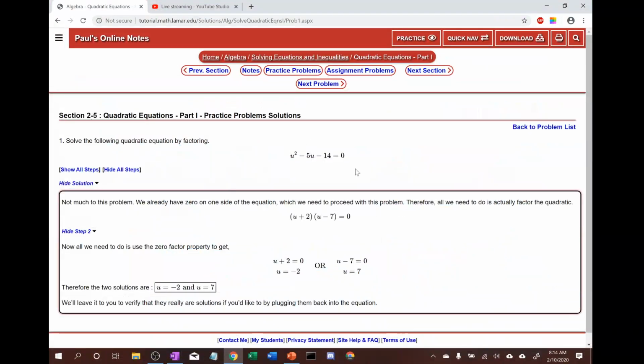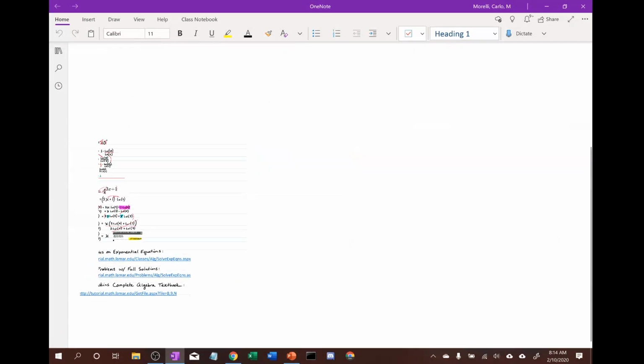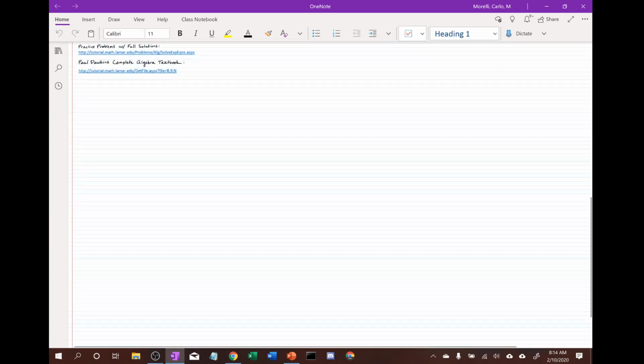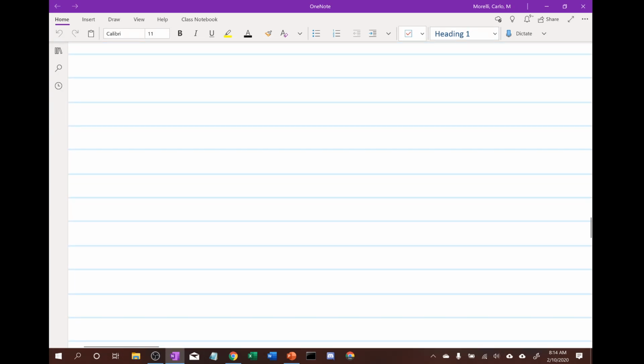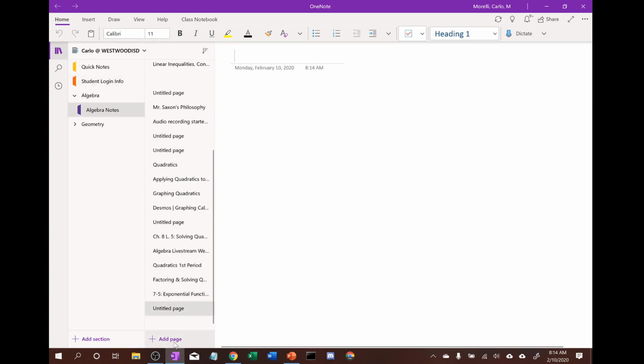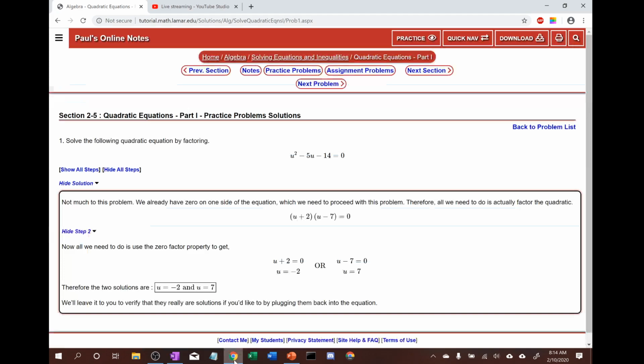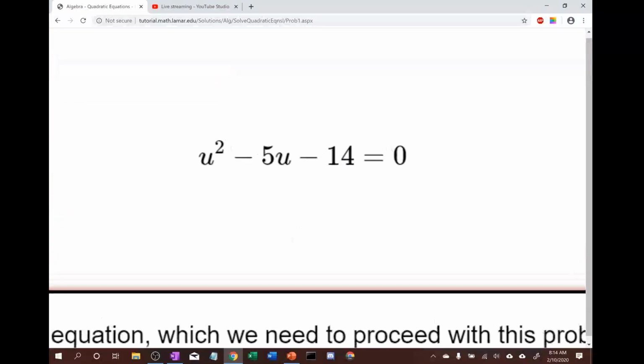So the practice problem was u squared minus 5u minus 14 equals 0. Hang on, I'll write it again, Brenda. I better make a new tab for this, and we'll call this Quadratics Test Review. I never remember the problem when I say it.